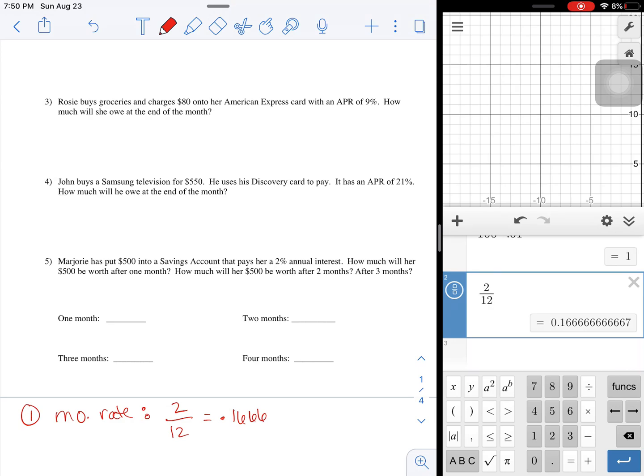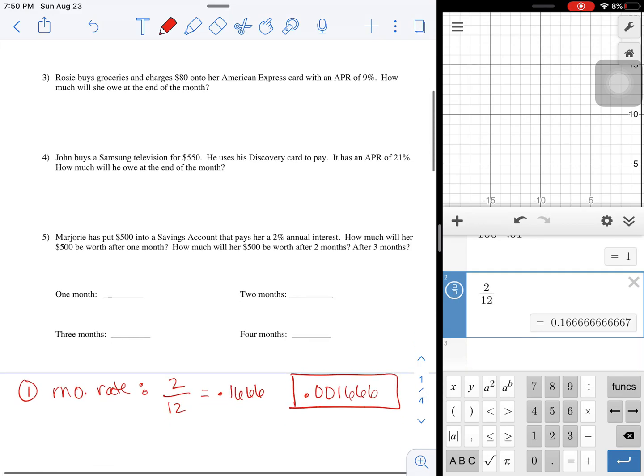Now, I still said you have to convert it 2 decimal places to the left, even though the decimal's already on the left. So when I move it 2 to the left, it's 0.00166, because this decimal went 2 places that way. I had to add 2 zeros. All right, so here is our rate.